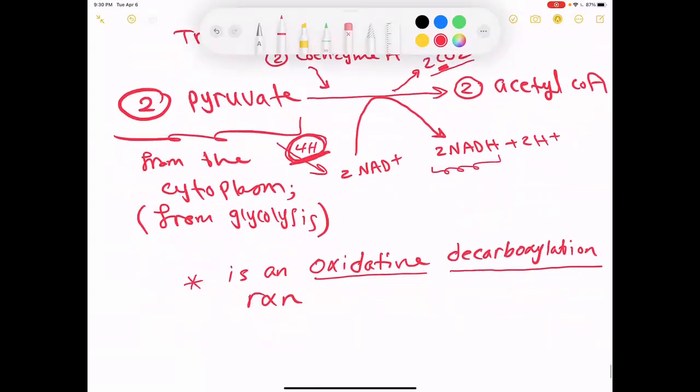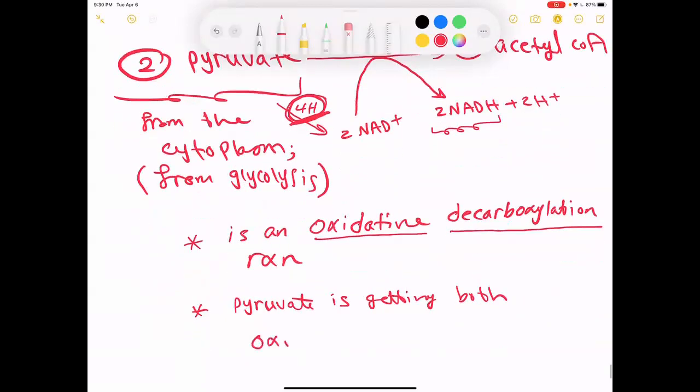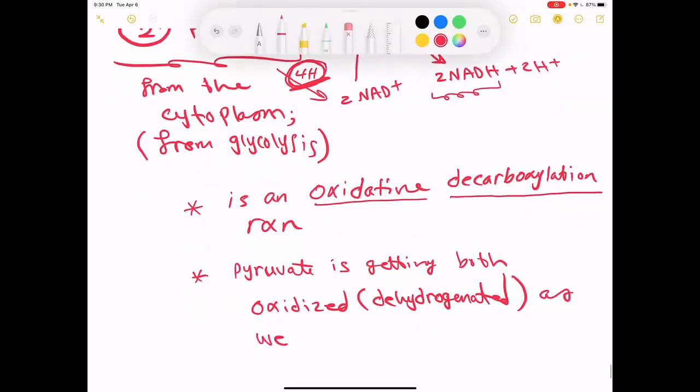So in the transition phase, again, pyruvate is getting both oxidized, which means dehydrogenated, as well as decarboxylated.